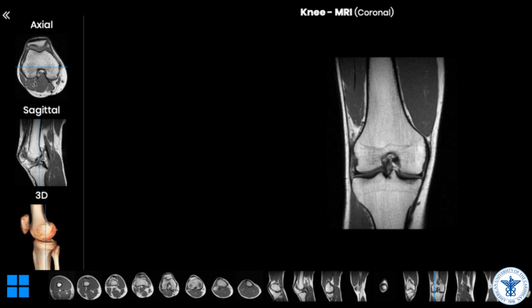So you see, as well as the acetabular labrum, the medial and lateral menisci have a triangular shape and they are absolutely hypo-intense. They are dark on images. Well, you can appreciate the close relations between the medial meniscus and the medial collateral ligament, also called the tibial collateral ligament.